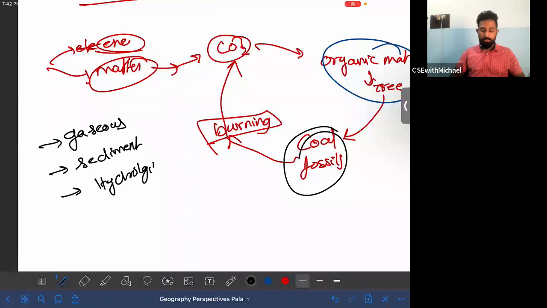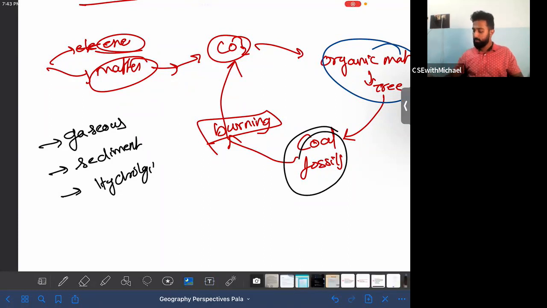This circulation occurs in such a way that the total mass of these substances remains almost the same and is available to organisms.